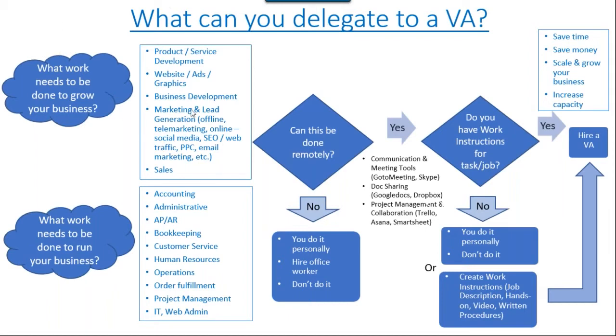You look at the first part, which is lead generating and marketing activities, whether it's the initial phases of actually developing a product or service that you're going to offer to people, putting together a website, ads and graphics, business development, and then the marketing and lead generation activities, such as offline marketing or telemarketing, or online marketing activities such as LinkedIn, social media, Facebook ads, SEO, which is for web traffic, getting people to actually visit your website to purchase your product or services, pay-per-click campaigns, email marketing campaigns, or generally speaking, sales and sales calls activities.